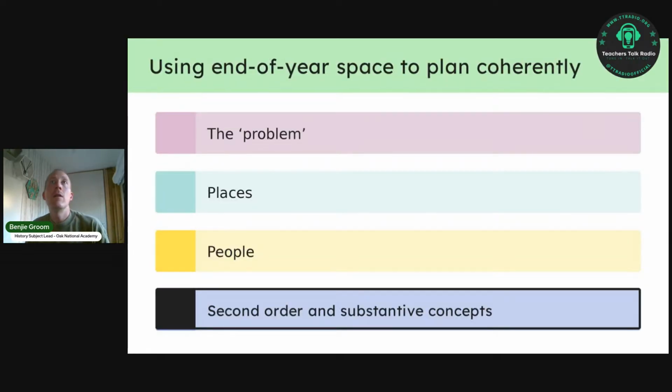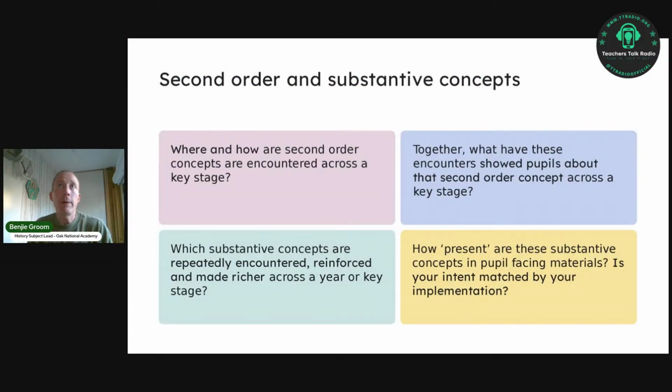And then I'm sure we're all familiar with second order or disciplinary and substantive concepts. But I think one big part of using game time effectively is that constant audit and monitoring of the balance and interplay of second order and substantive concepts across the entire curriculum, so that we ensure that any changes are adding to the overall selection and blend of experiences rather than making them lopsided or one note.